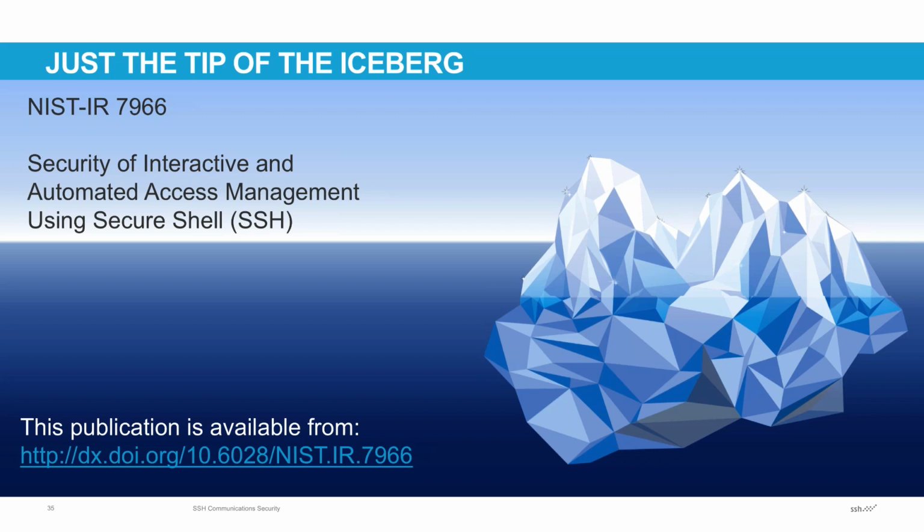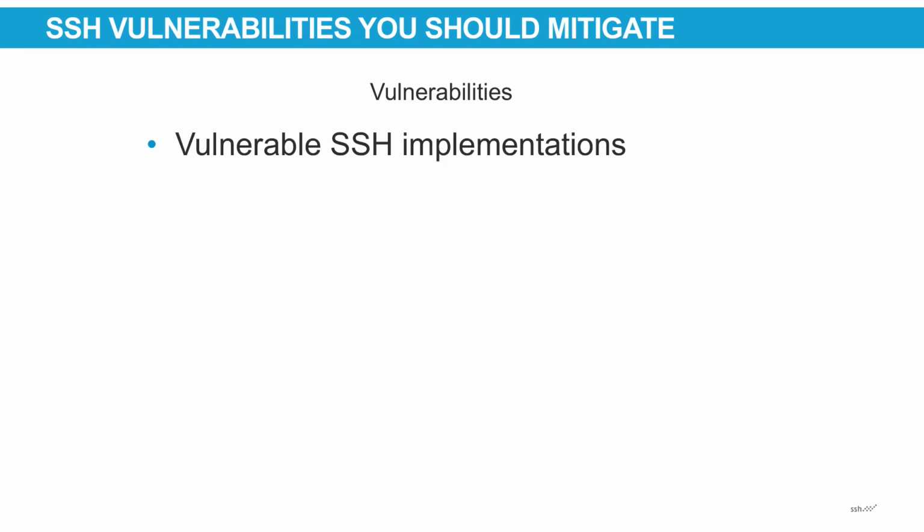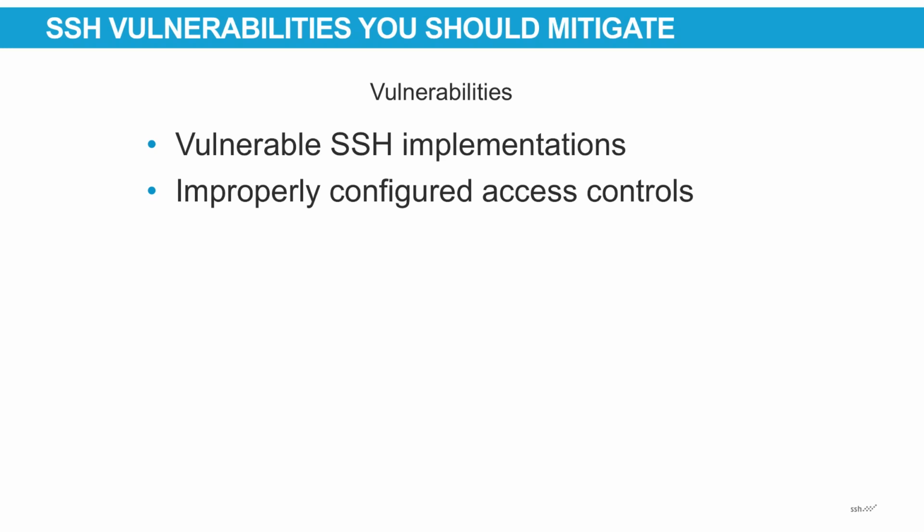Thank you. All right, so the NIST IR 7966 highlights the following vulnerabilities that I'd like to mention. It talks about your SSH implementations being vulnerable, especially when you don't have the proper deployments, proper controls, and configuration. Then as a whole, when you look at the big picture for your implementation, that entire environment would be vulnerable. In addition, any improperly configured access control would be a huge vulnerability to tackle from a NIST perspective.